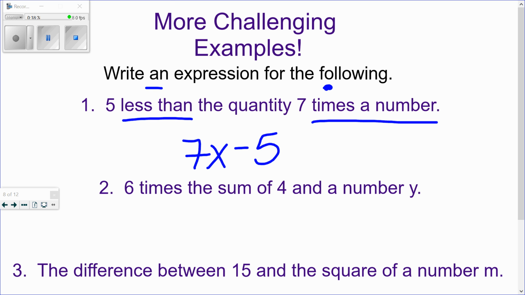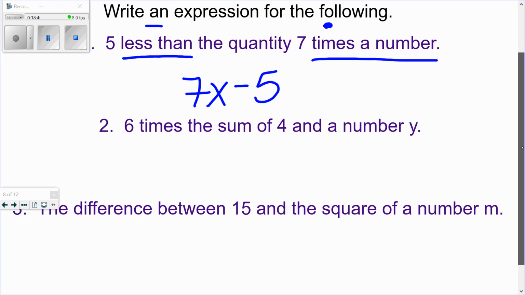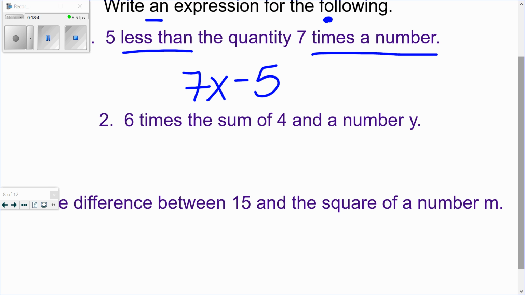Okay. Number 2, 6 times the sum of 4 and a number y. So times means what? Multiply. Sum means add 4 and a number y. Okay, so what am I adding? Let's start with that.